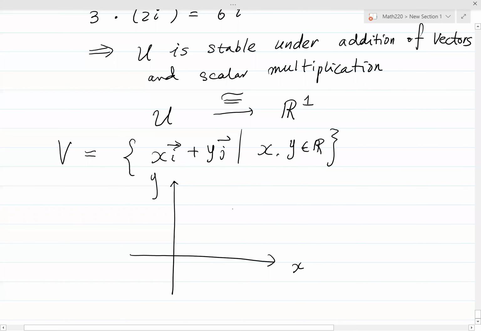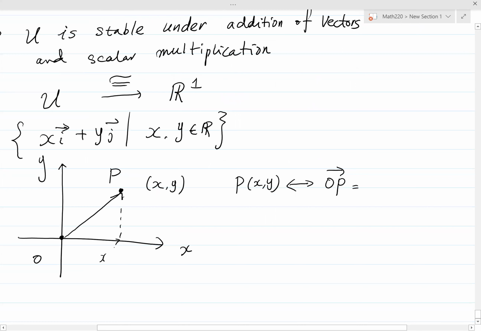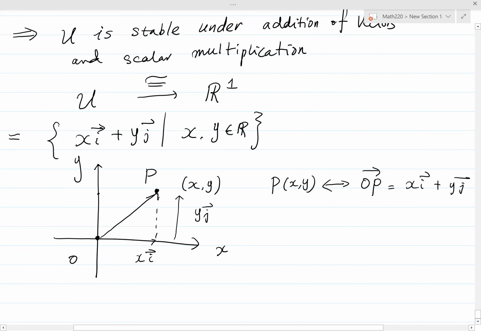Suppose we have the coordinate xy, then it corresponds to a point P in the xy plane, corresponding to the vector OP, which is x in the i direction and y in the j direction, so this is xi plus yj. You see, this correspondence tells us this vector space is nothing else but the xy plane.